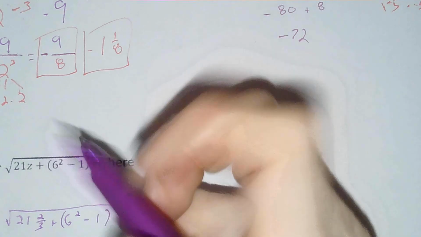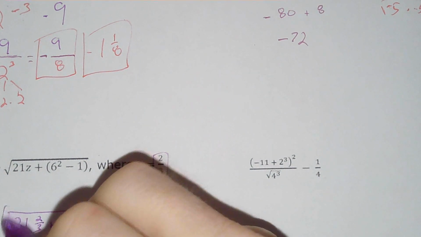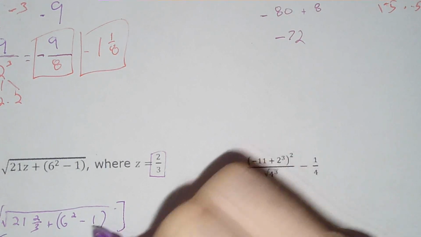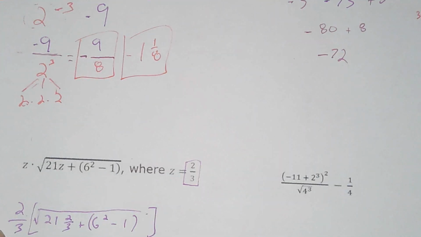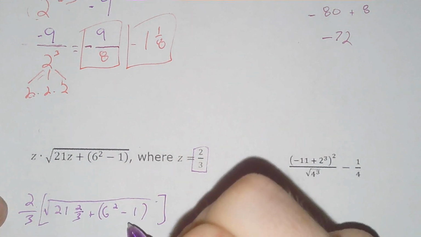Now this whole thing right here is being multiplied by the 2 in 2/3. This is part of the numerator of 2/3. I'm going to rewrite that to show that.